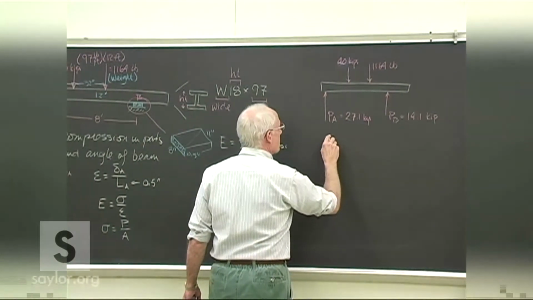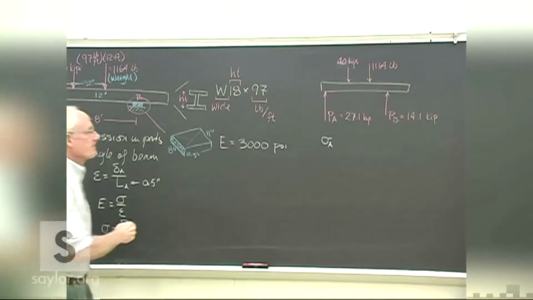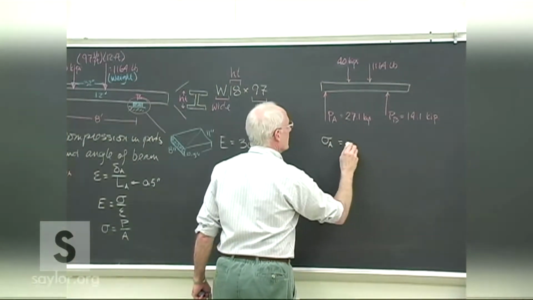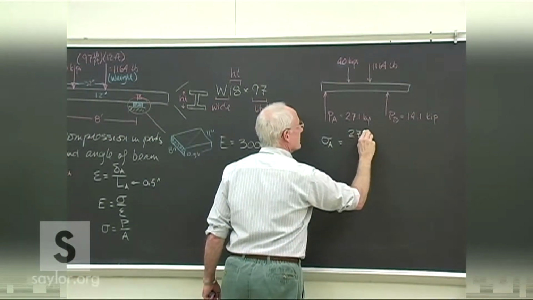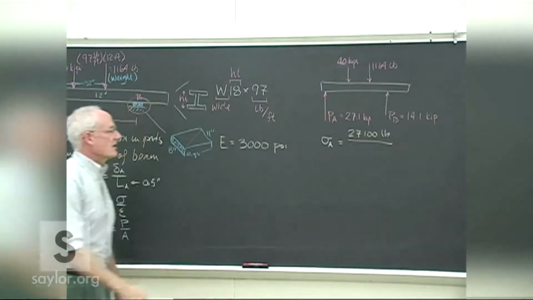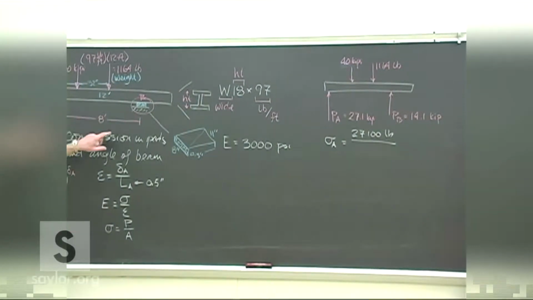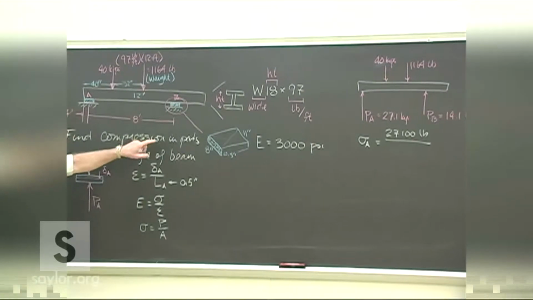with A, so the stress in bearing pad A will just be the load at A, which is 27 kips, 27,000 pounds, and then the area that's absorbing that load is which?